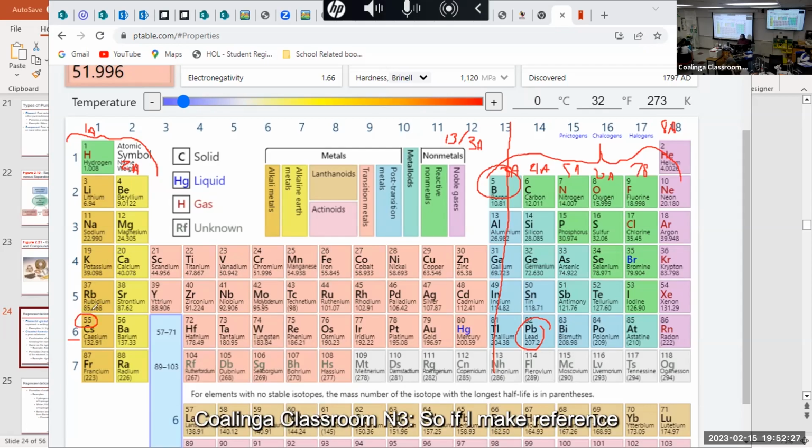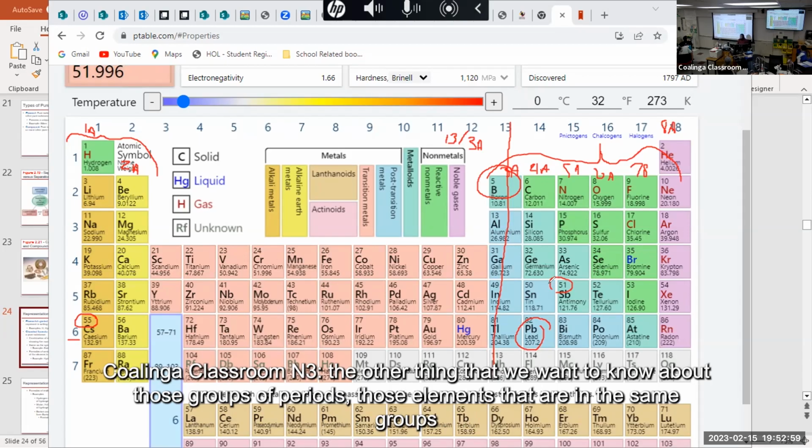So if I make reference to atomic number 51, what am I talking about? Answer me, yes. Okay, so 51. Atomic numbers and the groups and periods help us navigate the periodic table.